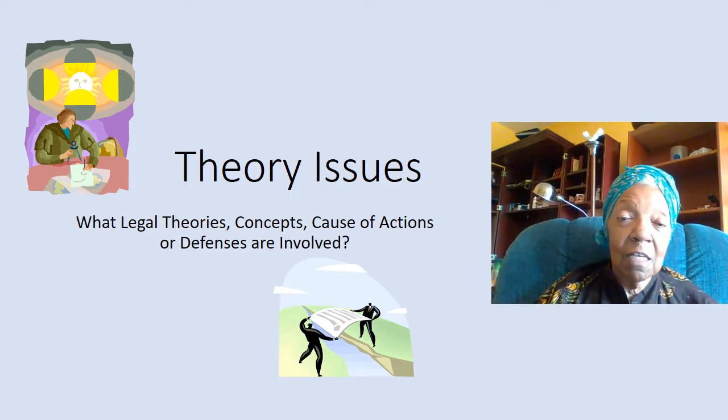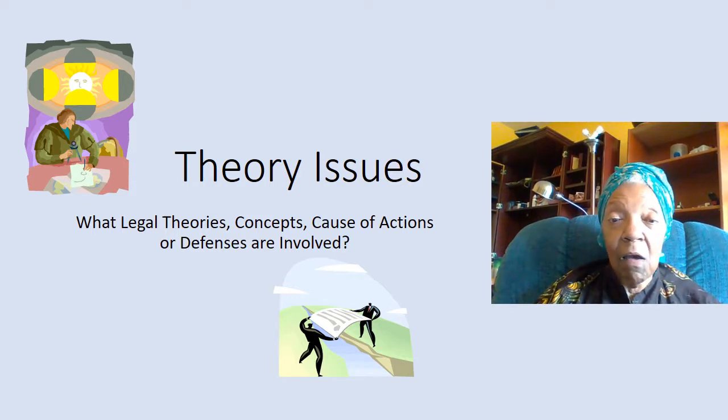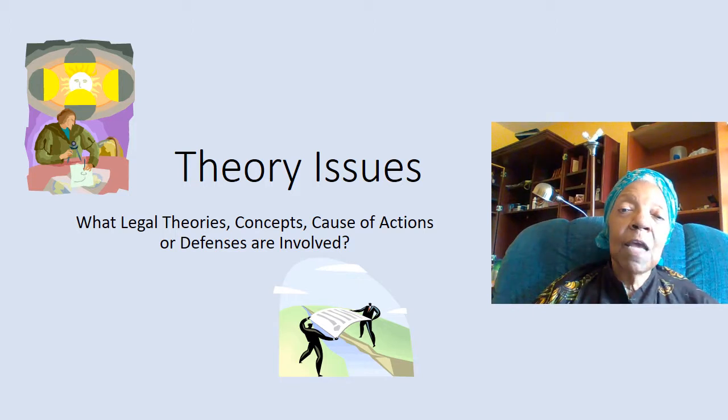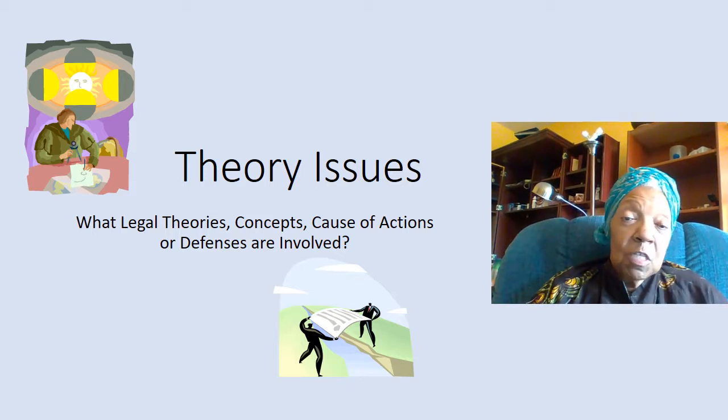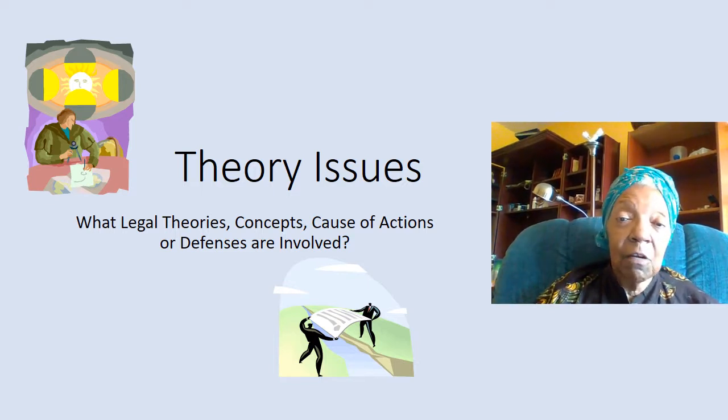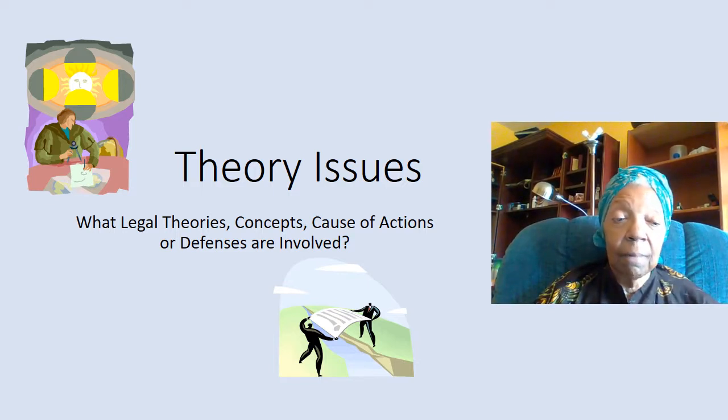And you have to discuss that. You don't just pick a cause of action and apply it. You discuss what your options are, and why you're discussing the particular causes of action that you're discussing.